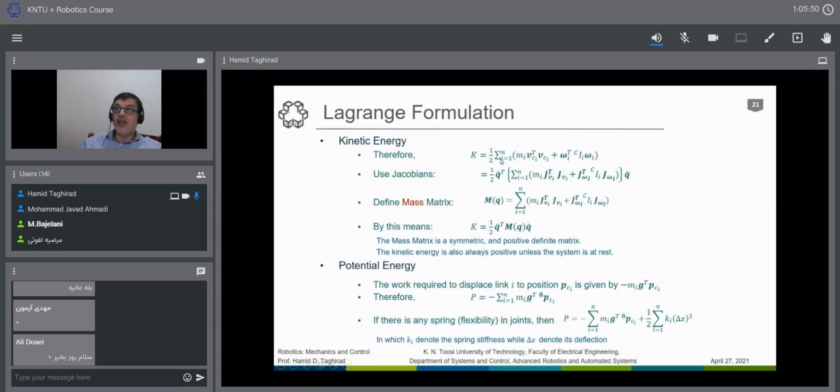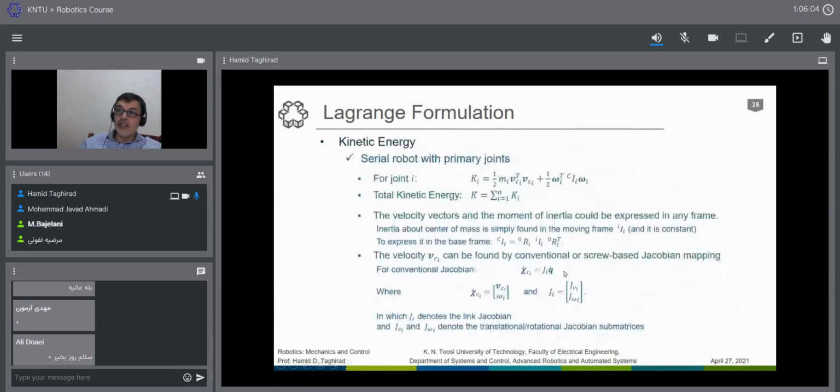We have one half m VC transpose VC plus one half omega I transpose I with respect to C omega I. And we know that VCI and omega I are related to Q dot with respect to JI. And since we are finding the derivative with respect to Q dot, it is very good to represent it not in a large and open-hand frame, but just as the Jacobian form.